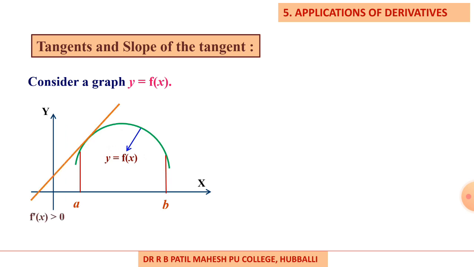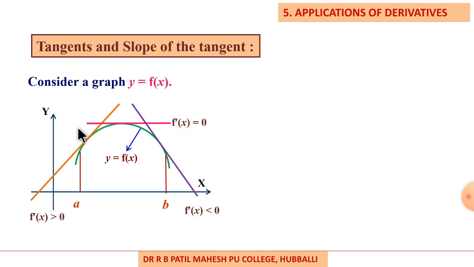Now we can draw tangents: the first where f dash of x is greater than 0, the second where f dash of x equal to 0, and the third where f dash of x is less than 0.